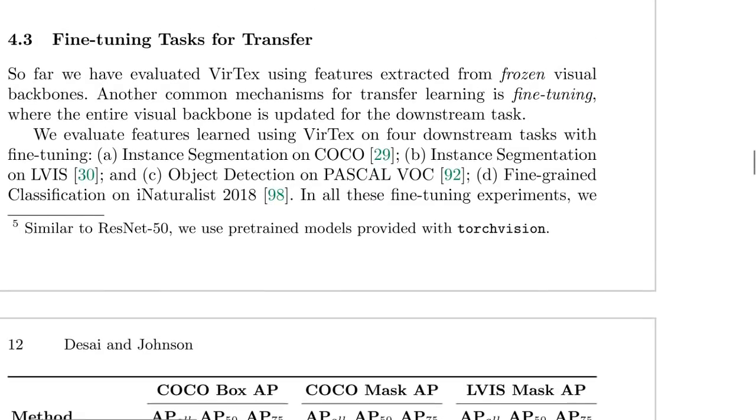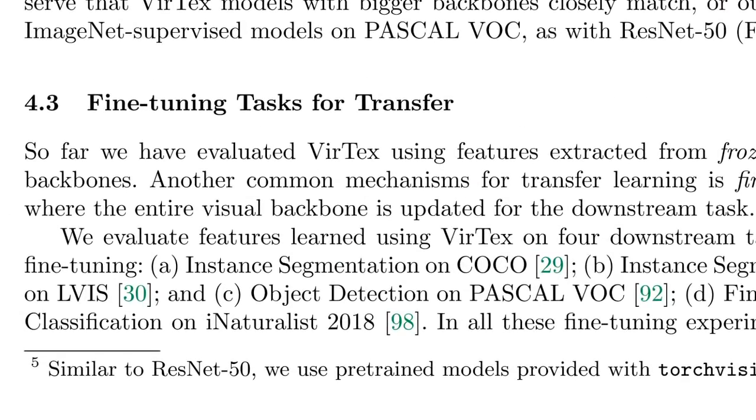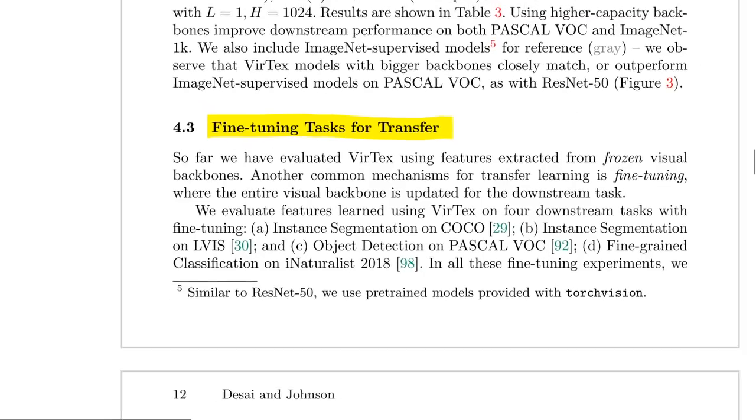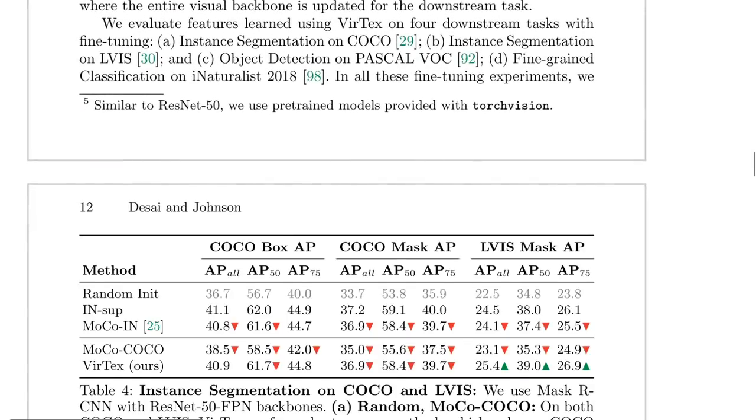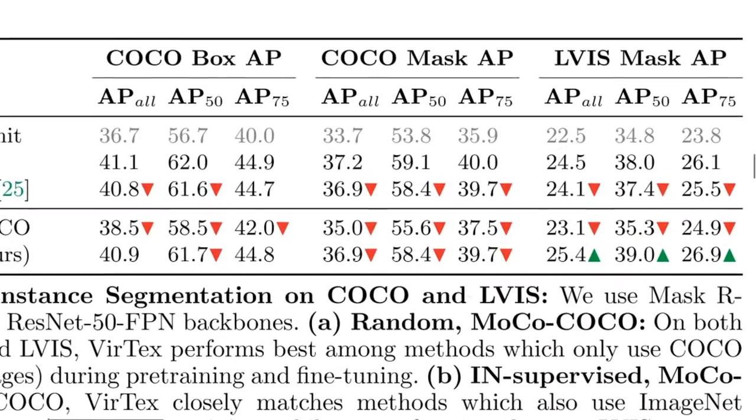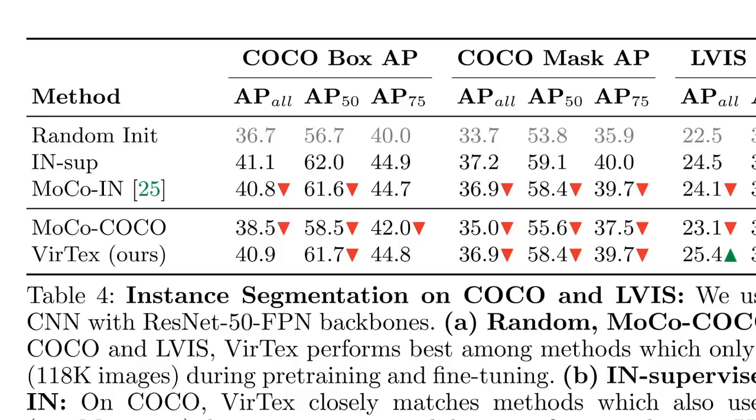So this is now the last task. It's the fine-tuning task. So this is what most people would do, is they would train a backbone and then they would fine-tune it on a different data set or on a different task where they don't have many labels. And here the situation looks a bit different. So if you look at, for example, a task on COCO.